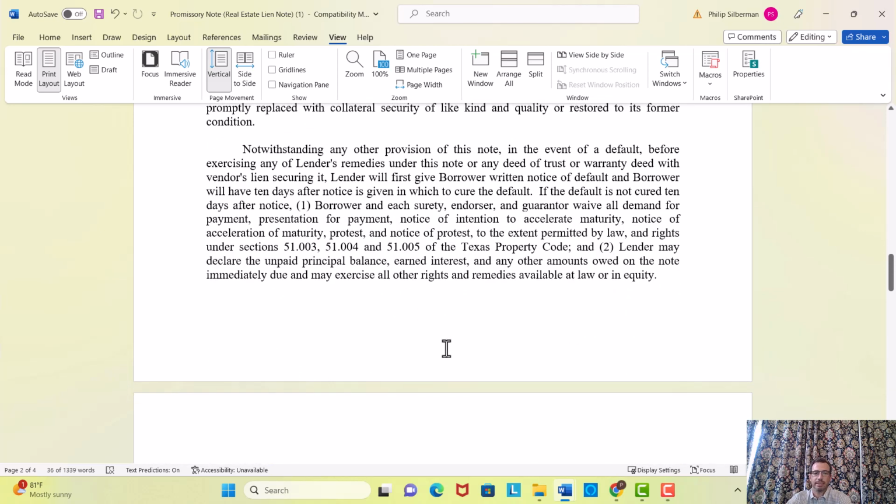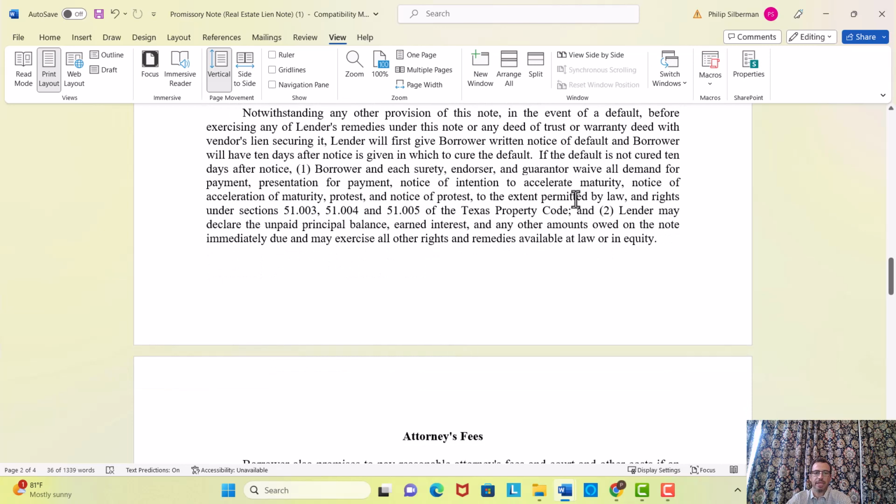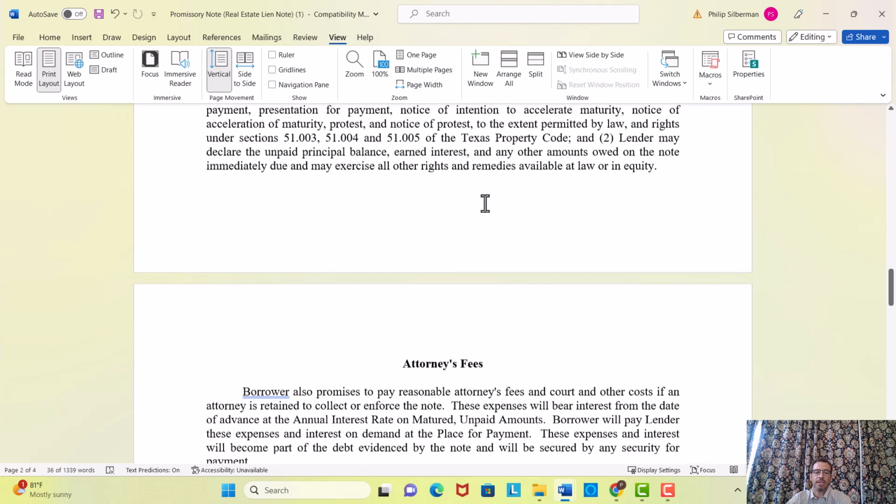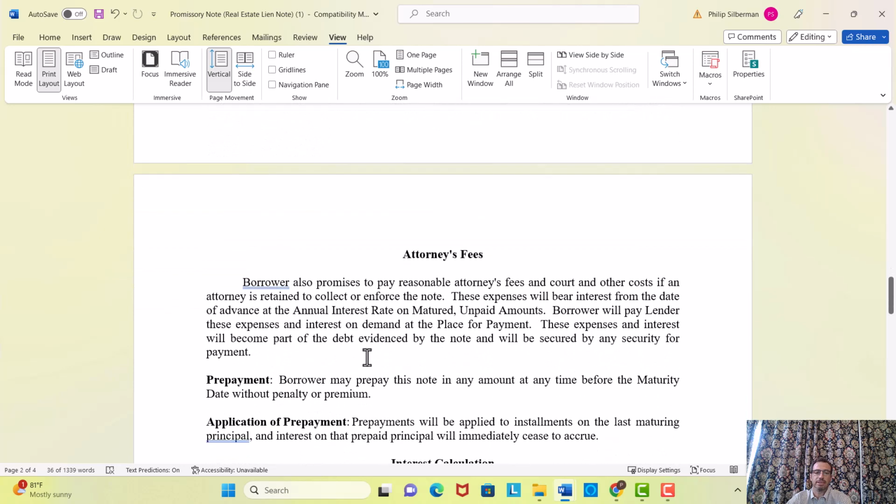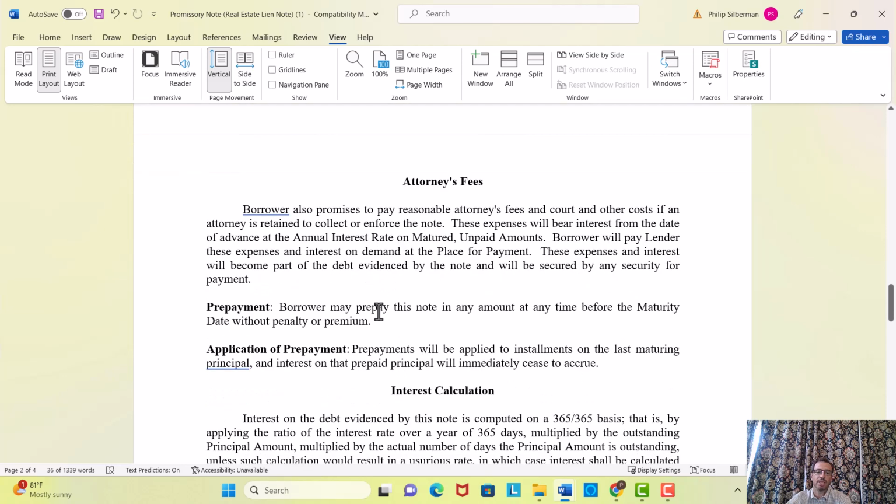And then you've got some notice provisions in the event of default. So there are some requirements here and details of what happens in the event of a default. Attorney's fees. This basically is going to say that if the lender has to hire an attorney to enforce the note, the borrower agrees to pay for attorney's fees.